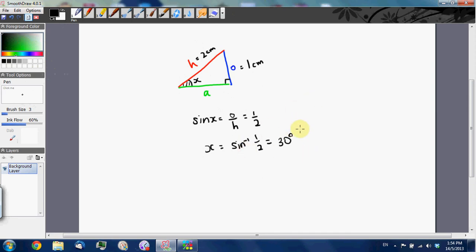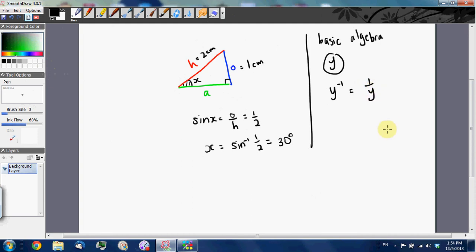So normally, for example, in basic algebra, let's say I have an algebraic variable y, where y can be any real number, right? Can be 1, 2, any number. So if you see y to the power of minus 1, this is the same as 1 over y, correct?